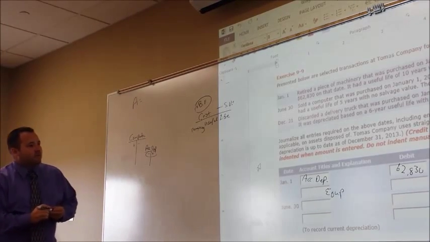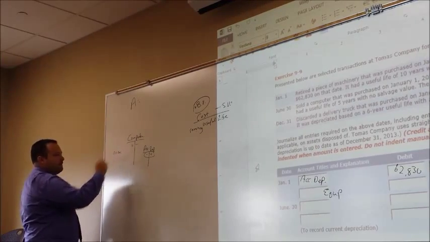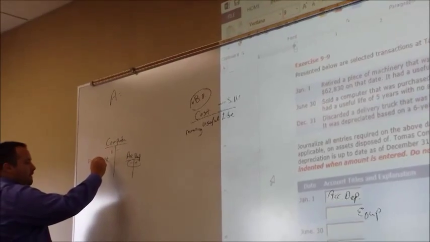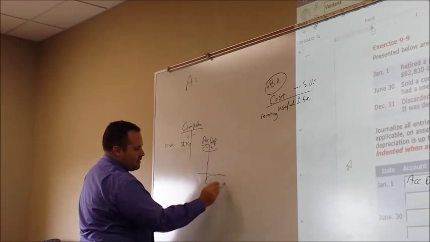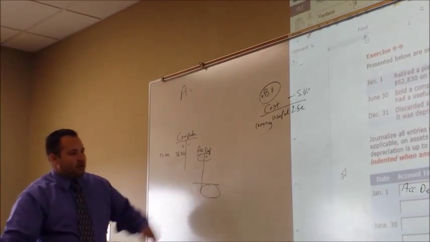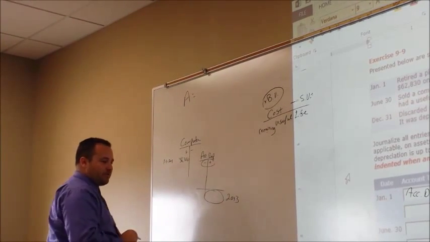So we had a computer that was purchased on 1/1 of 2011. $36,350. First thing I need to determine is how much should I have in my accumulated depreciation as of the end of 2013.